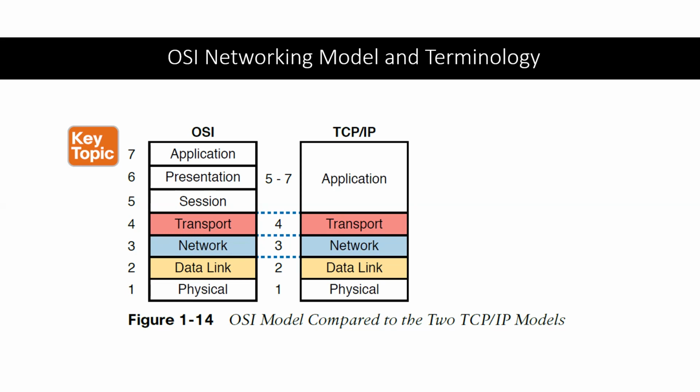The TCP/IP network stack is actually what's installed and implemented on your computers. So this is what you'll see when you log into your PC and do some packet captures. You're looking at how your PC is built. This is how your PC operates, encapsulates data, and puts it on the wire.